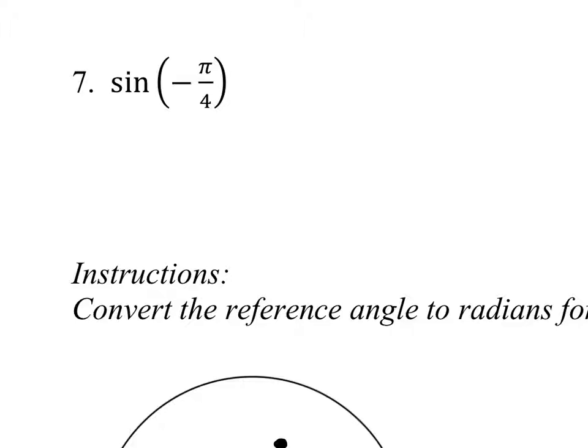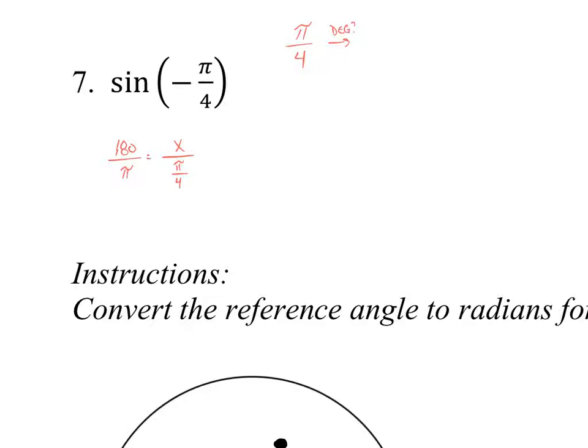And we're going to say, how would we take pi over 4 and convert it to degrees? Well, we have our handy proportion that we can use, which is 180 over pi equals however many degrees we're dealing with over the radians we're given.